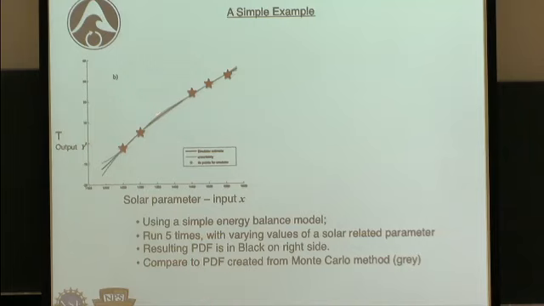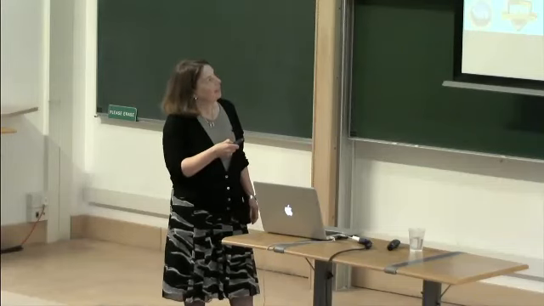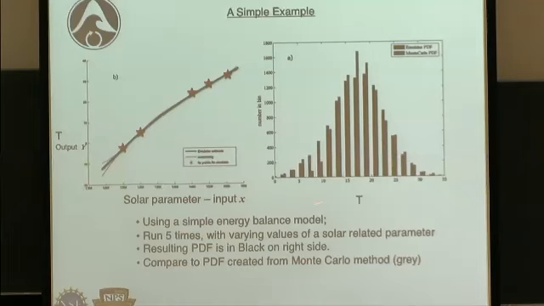Because this is such a simple model, we can also compare it to a Monte Carlo method. It's going to be really hard to tell the difference in the colors, but the histogram of the temperature is shown here, both for the emulator, which are the black lines, and the Monte Carlo estimates by the gray bars.